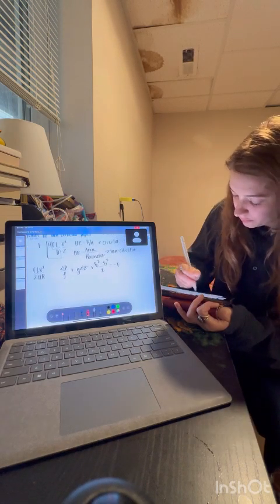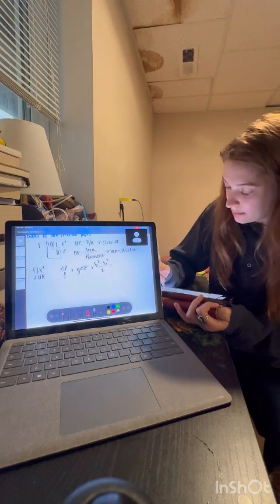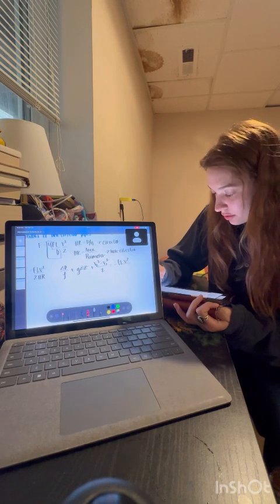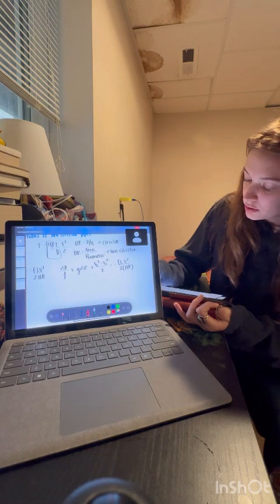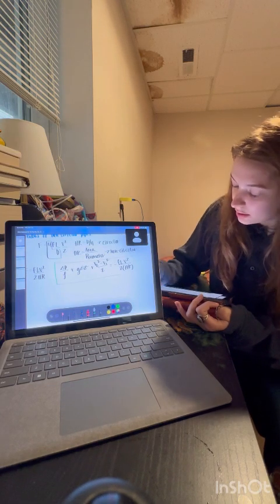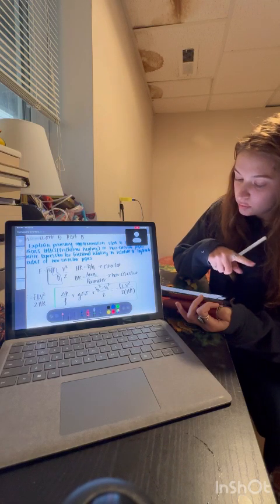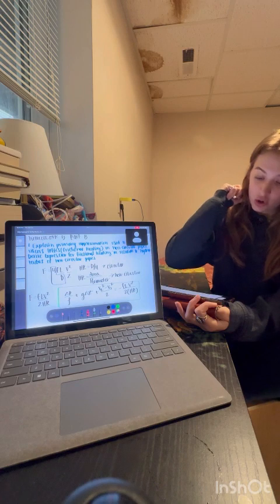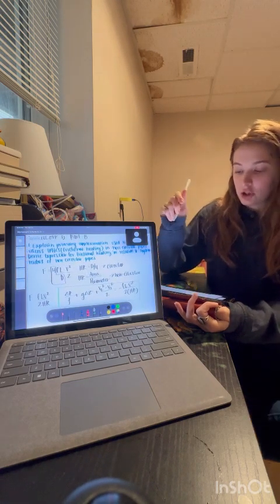So instead of rewriting everything, I'm just going to erase this and make it equal to negative FLV squared over 2HR. So that is going to be our derived expression for frictional heating in relation to hydraulic radius of non-circular pipes.